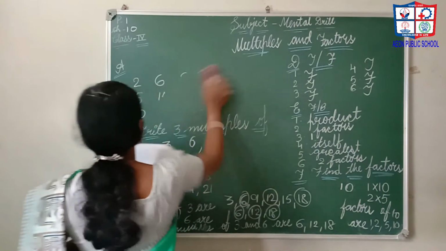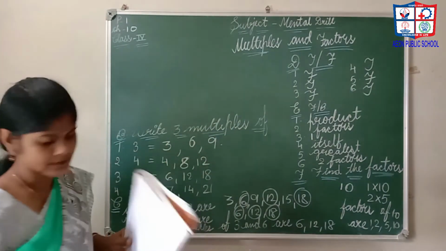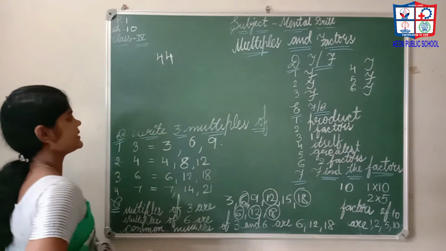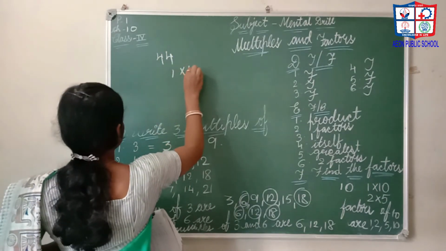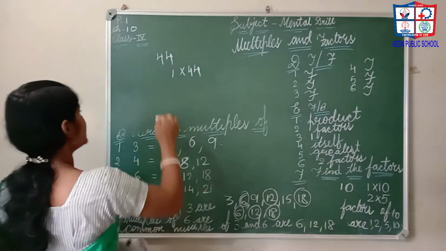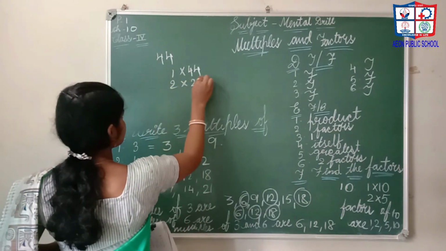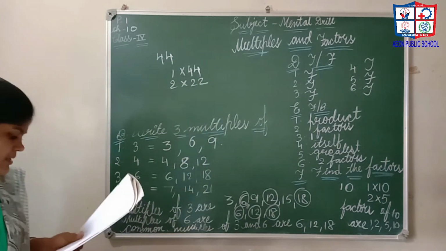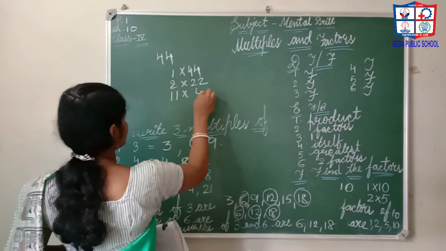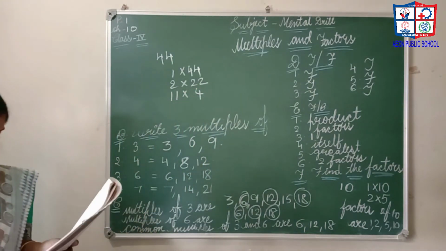Let's take 44. In that only, find the factors of 44. So see, where does 44 come? 1 44s are 44. In 1 table, 1 is a factor and itself. Then 2 22s are 44. Is it? Yes. Then again, 11 4s are 44. Yes, it's.